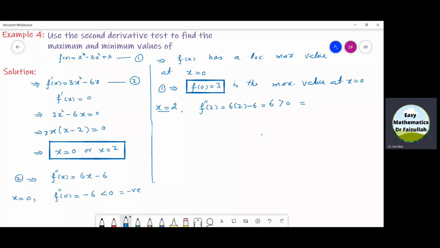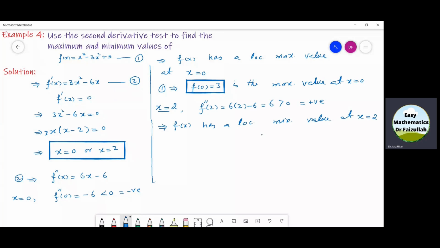In other words, this is a positive number. So according to the second derivative test, we say f of x has a local minimum value at x is equal to 2.